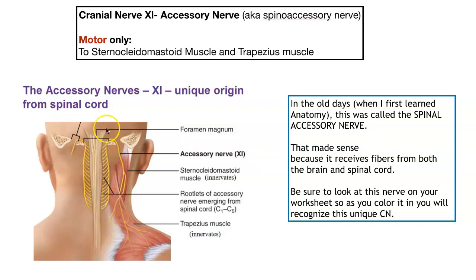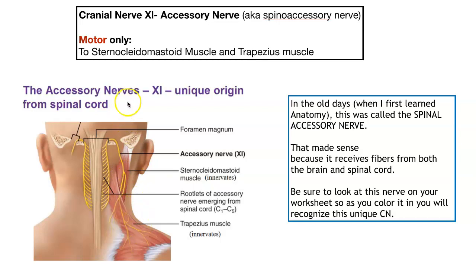So I'm not sure why they changed it just to the accessory nerve, but it's a different looking one, so it's easy to pick out. To me it looks like a necklace going around here. So that is an accessory that you wear around your neck, a little necklace, one way to remember it. And where does this guy go? It's motor only. This is going to the sternocleidomastoid and the trapezius muscle.